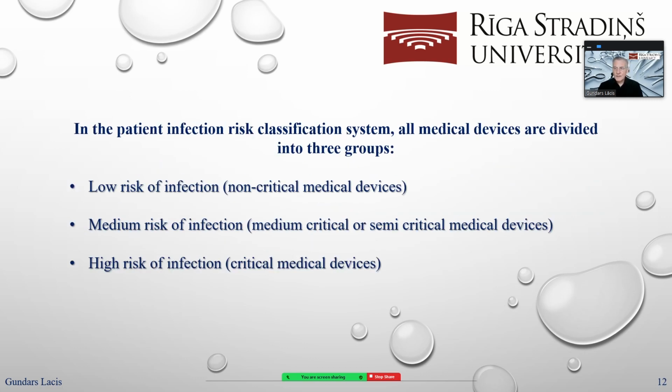And this classification system divides all instruments in 3 groups: low risk of infection or non-critical medical devices or instruments, medium risk of infection or semi-critical medical devices, and high risk or critical medical devices.